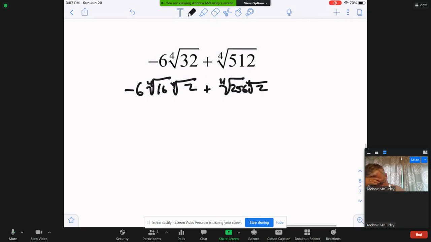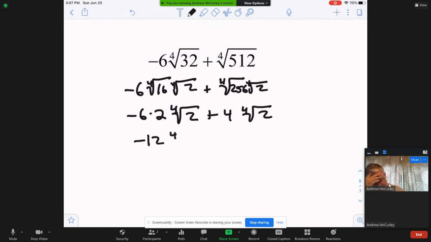So this would be negative 6 times 2, fourth root of 2. My handwriting got bad there. Sorry. And this will be 4, fourth root of 2. So that's negative 12 fourth root of 2 plus 4 fourth root of 2. And that looks like negative 8 fourth root of 2.